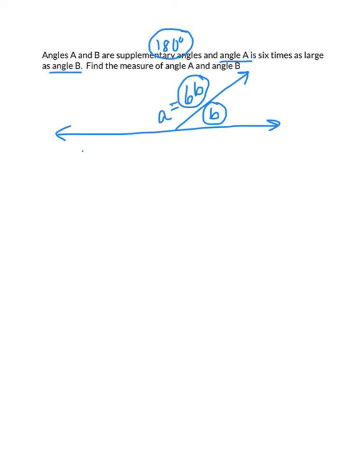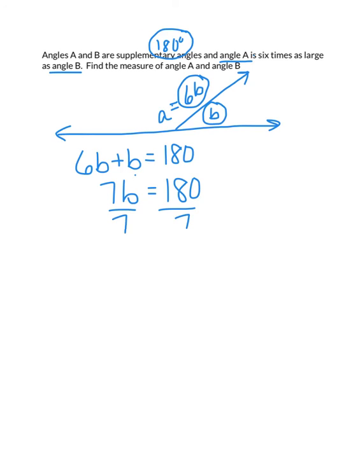Now I know if I add these two together, they're going to add up to 180 degrees. So I'm going to do 6B plus B has to equal 180 degrees. Then I'm going to add 6B plus B, which gives me 7B equals 180 degrees. Now, if you remember how to solve our equations, we're going to divide both sides by 7. These are gone.